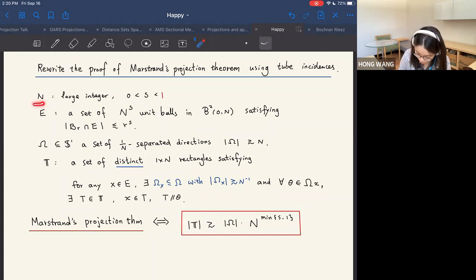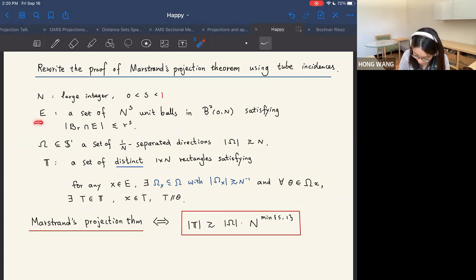So let n be a large integer and s be any number between 0 and 1. Here let's just prove the part where the dimension of E is between 0 and 1. For the other part, the proof is similar, and we will not present it in the talk.